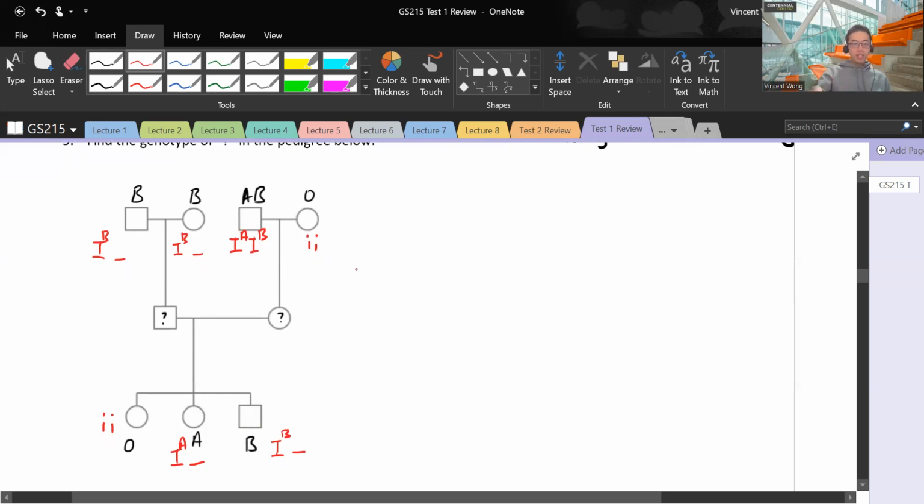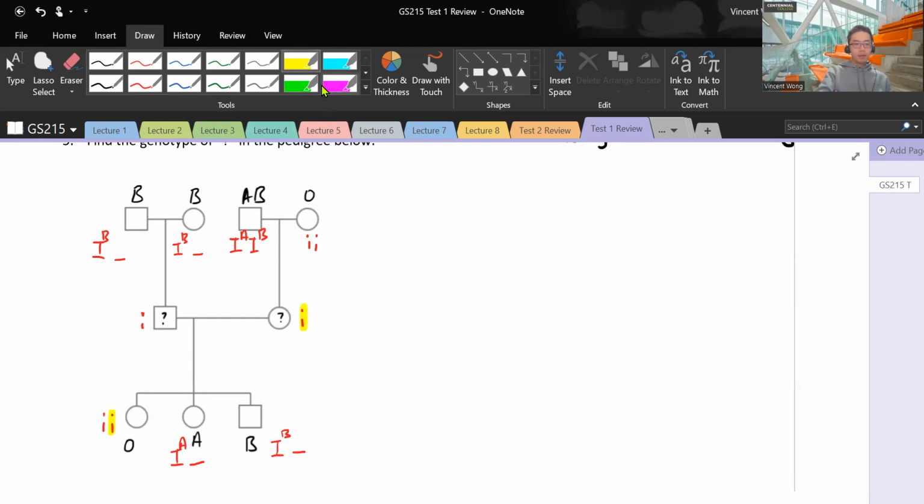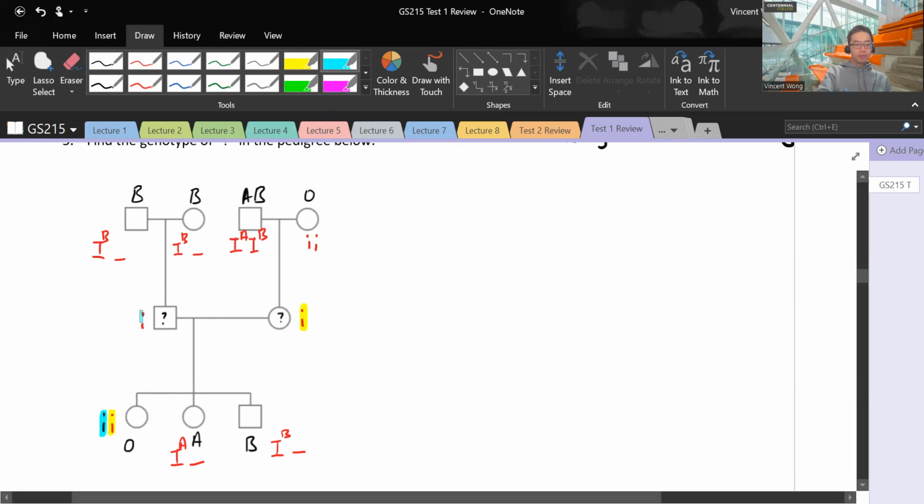So then you have to do some detective work. We have a type O lady here, and the little i must have been inherited from each of the parents, one from this parent and one from the other parent.